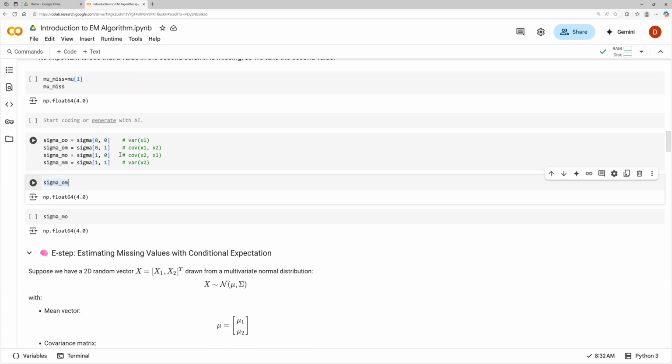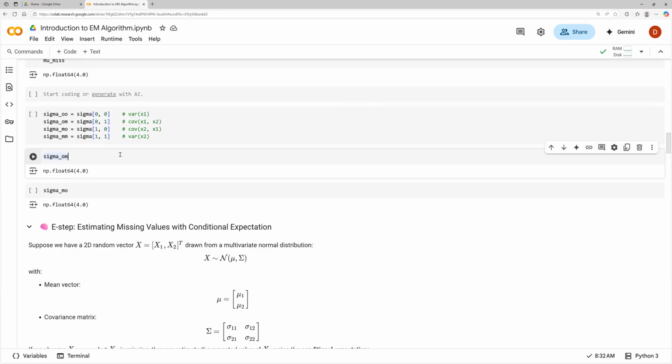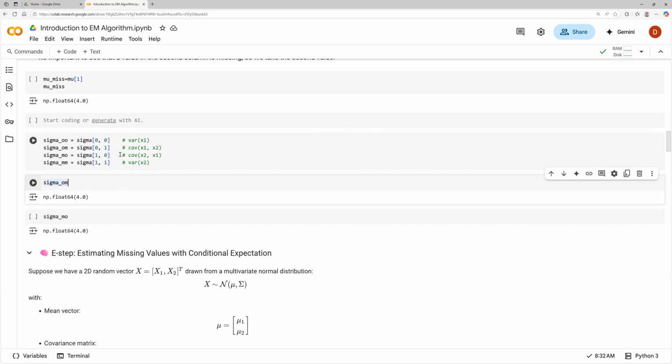Now, I've done the Python logic. I'm going to move on to the mathematics, and you're going to see that the mathematics is an expression of the programming. In many cases, we have to take the math and be able to program it.